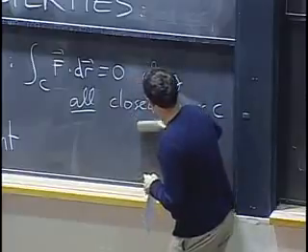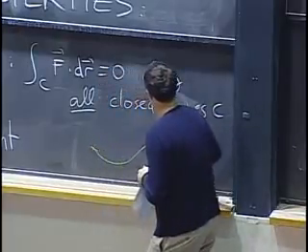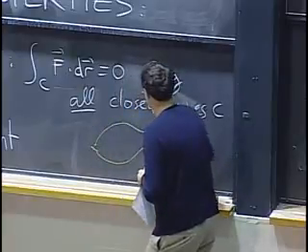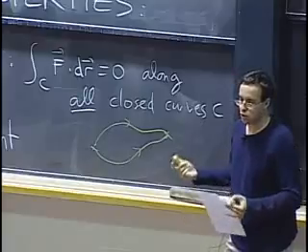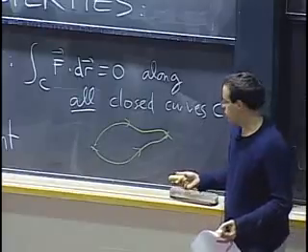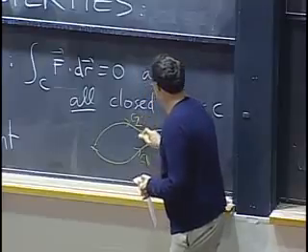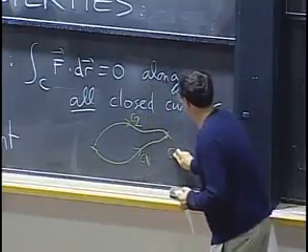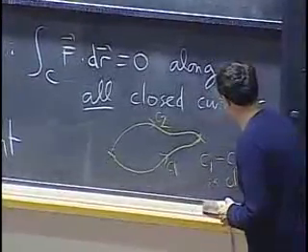Conversely, let's say that I'm just conservative, and I want to check path independence. Well, I have 2 points, and I have 2 paths between them, C1 and C2. I want to show that the work is the same. I observe that if I do C1 minus C2, I get a closed path.